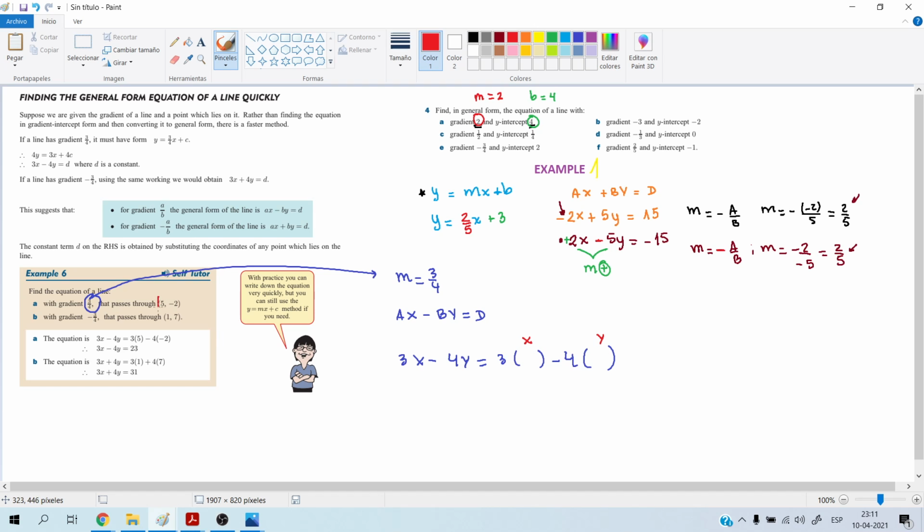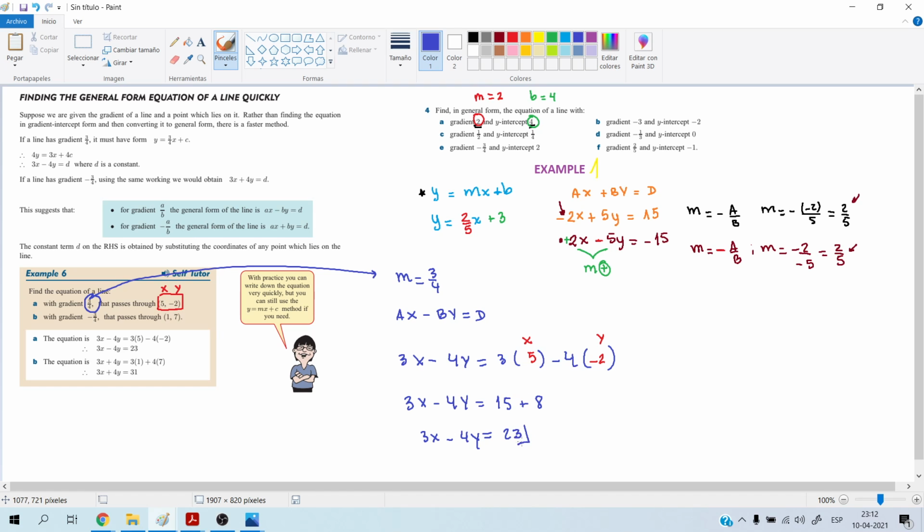They're giving us the point, the coordinates x and y. So 5 and minus 2. Once we solve this, 3x minus 4y equals 15 plus 8. So 3x minus 4y equals 23.